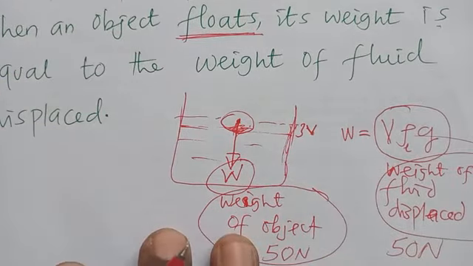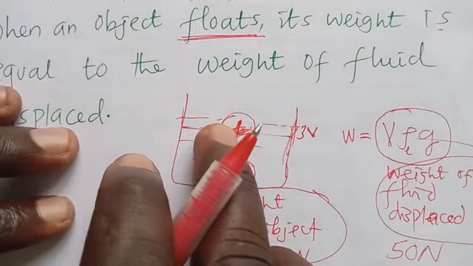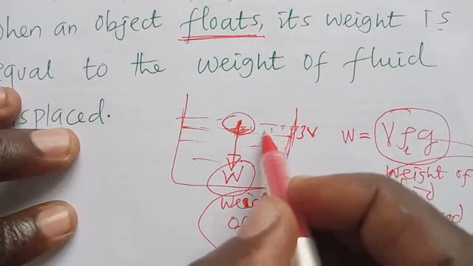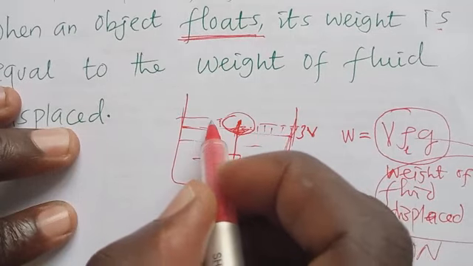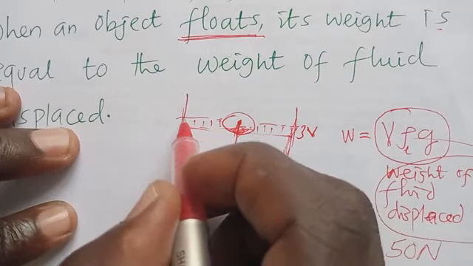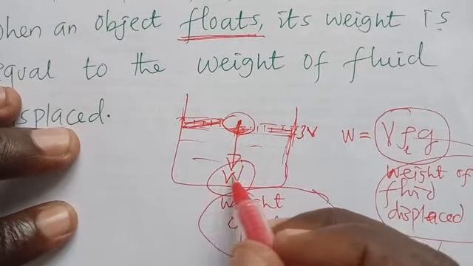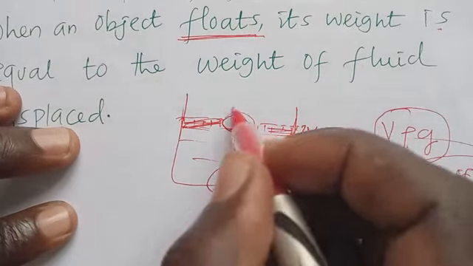And this means that for an object to float in a liquid, it has to displace a volume of liquid so that the weight of the liquid displaced is equal to its weight. If it is not equal to its weight, it will sink.